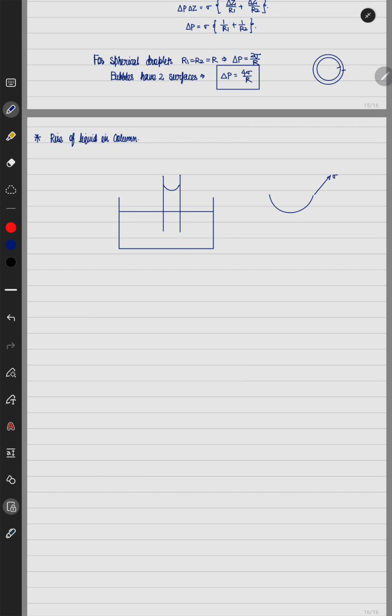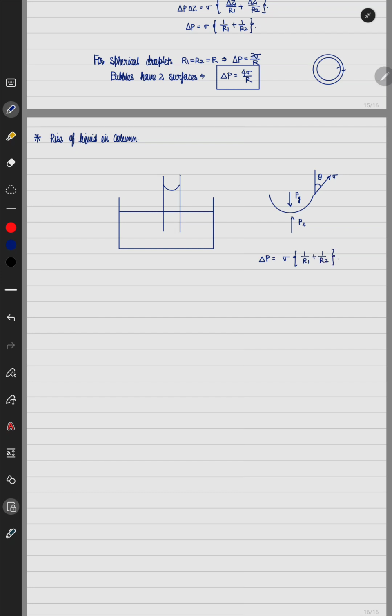Okay, the angle from the vertical is given by theta, and there will be pressure from both the sides. Let us say this pressure is Pg and this pressure is PL. Okay, we have just obtained that delta P is related to the surface tension as sigma into 1 by R1 plus 1 by R2.